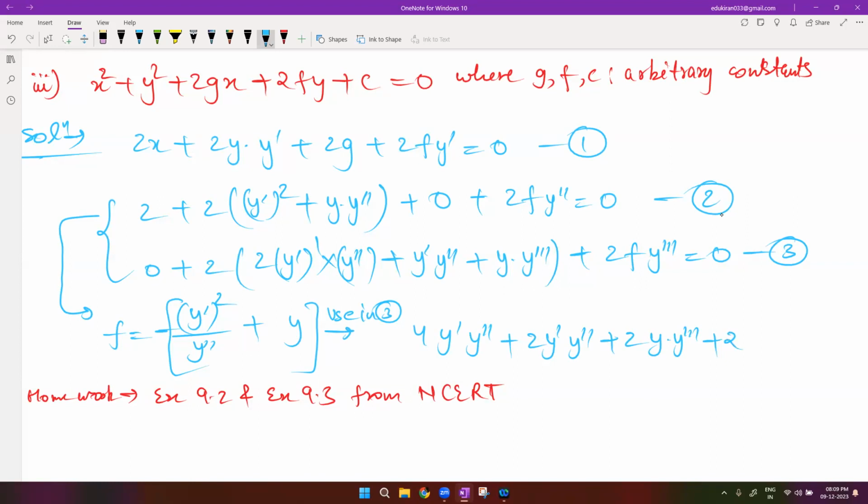Twice of f, we know what is f. F is with the negative sign, so I'm applying negative here, and this will be y dash whole square divided by y double dash plus y into y triple dash is equal to 0.